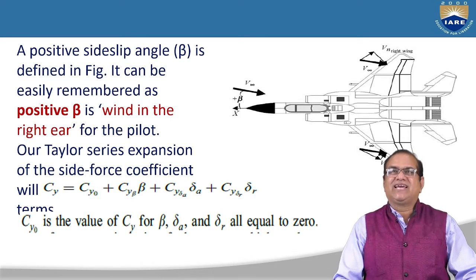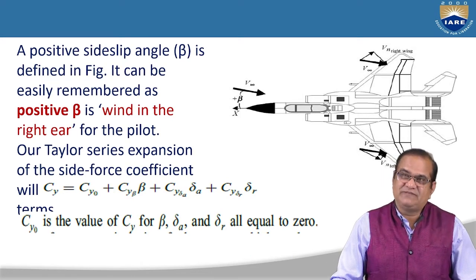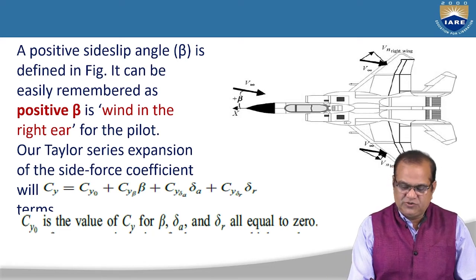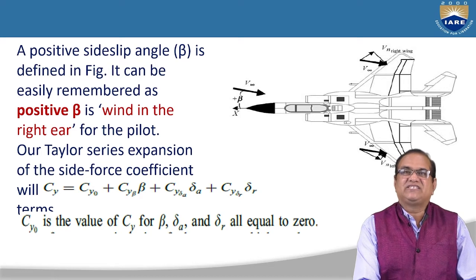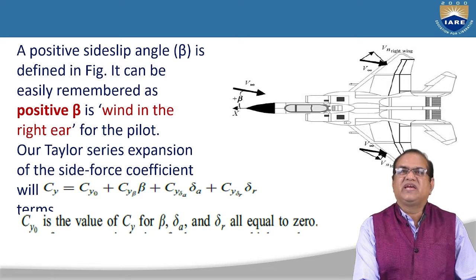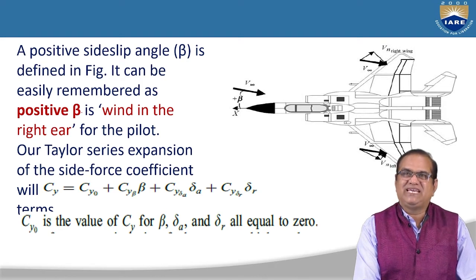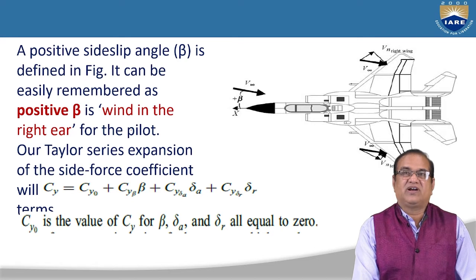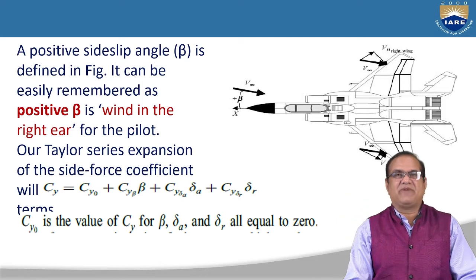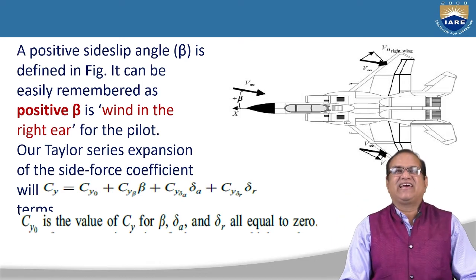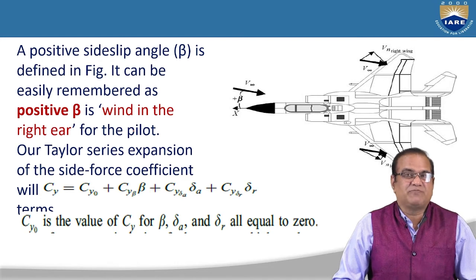Here we can see about the side slip angle, very important here. You can see here, a positive side slip angle beta is defined in this figure. It can be easily remembered as positive beta is wind in the right ear for the pilot. If the wind is coming from the right side of the pilot, we can see that this angle is positive.